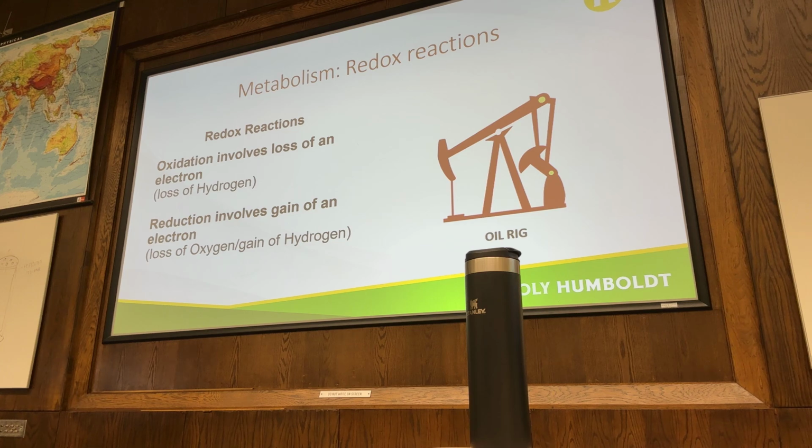We'll just call it molecule A and molecule B. An electron goes from molecule A to molecule B. A was oxidized. B was reduced. A equals the reducing agent. B equals the oxidizing agent.